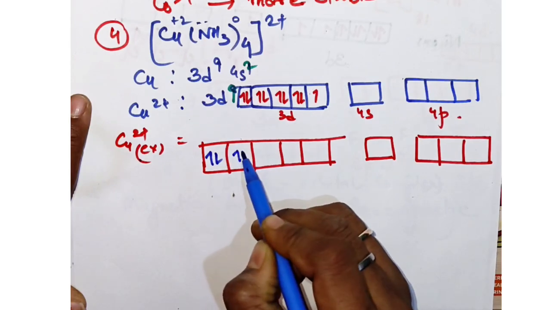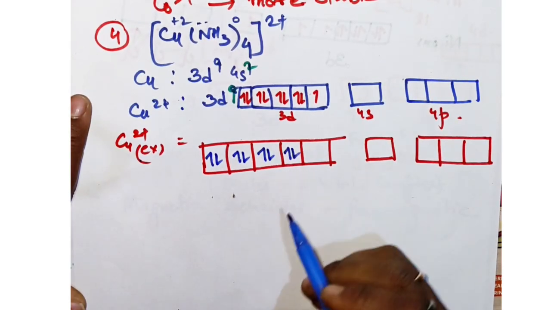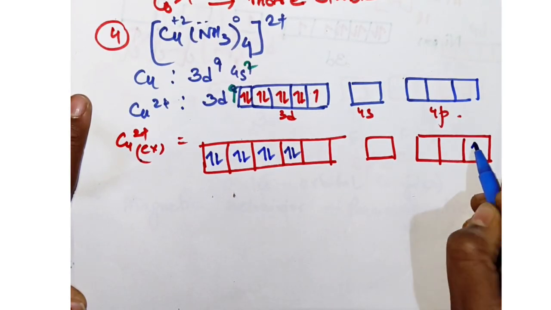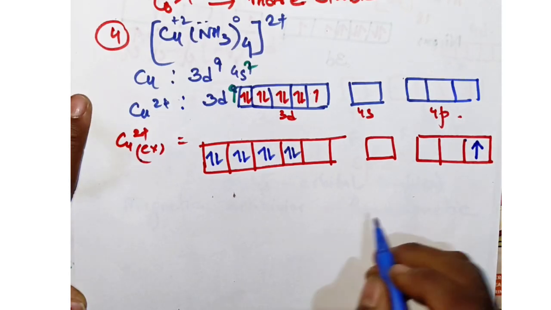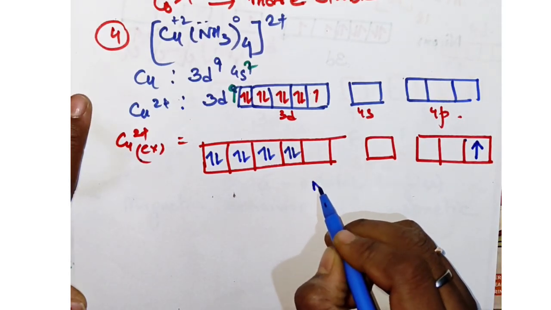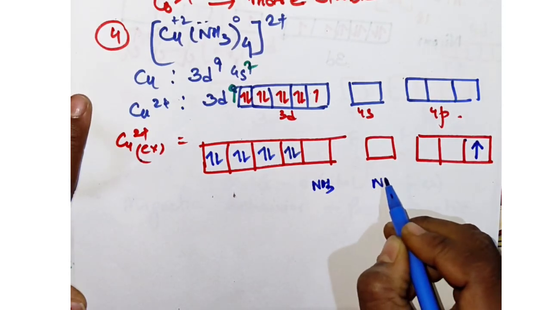So it will tell all these electrons to pair, and the unpaired electron will shift to the 4p orbitals. And how many ammonia molecules are there? 4.